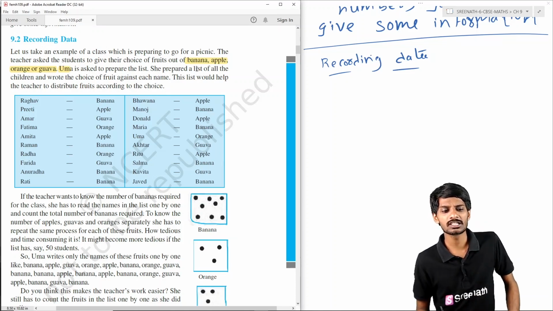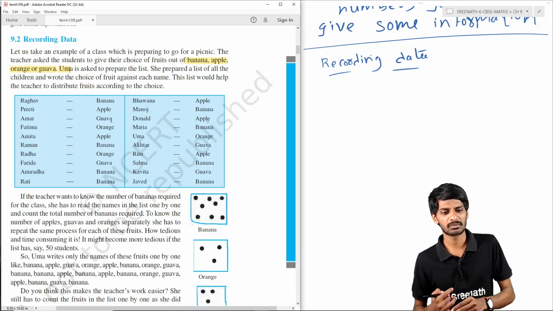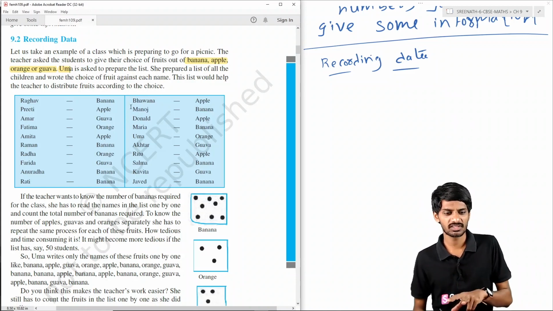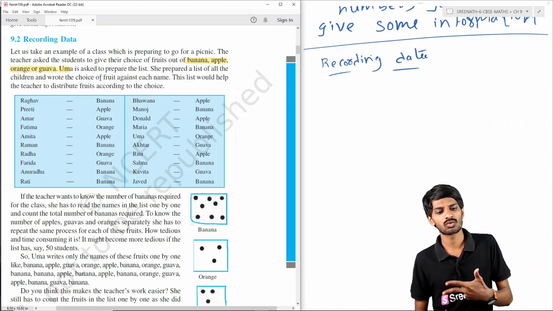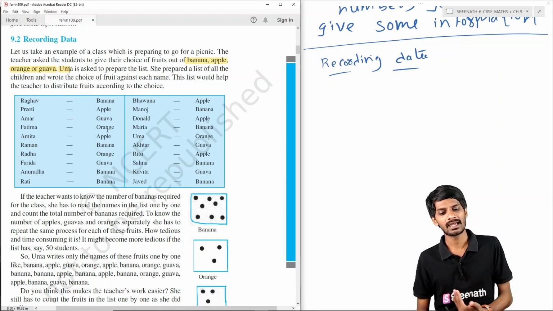So she prepared a list of all the children. She wrote all the names of the 30 children, and against each name she wrote the choice of fruit. Suppose Raghav's choice is banana, and Preeti's choice is apple. Like that.